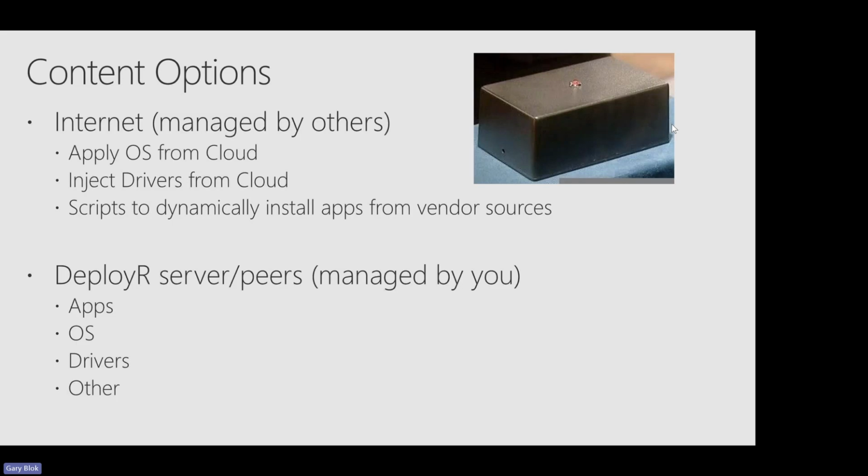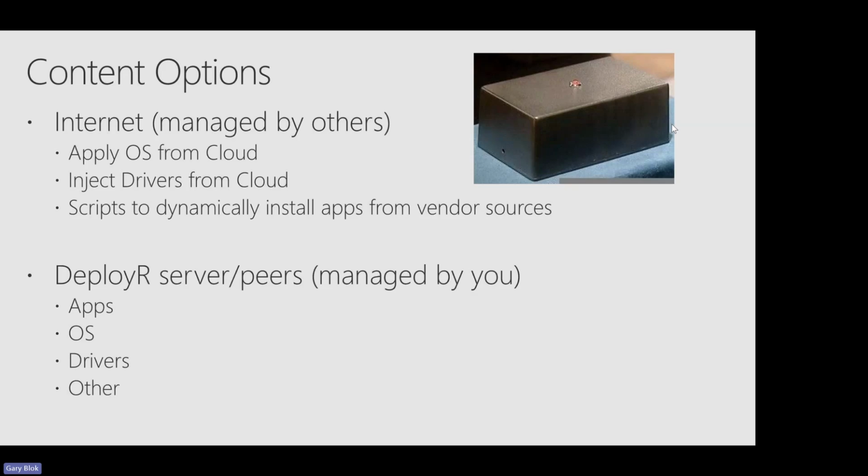But for those organizations that want to have some sort of QA process to make sure that specific versions are working with your models and your applications, then uploading and managing that yourself would probably be the way you'd want to go.